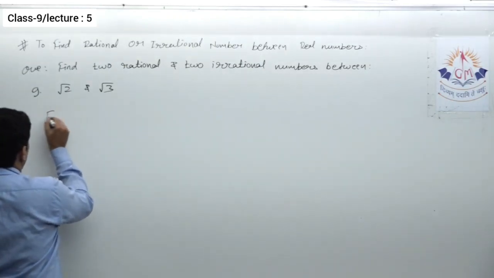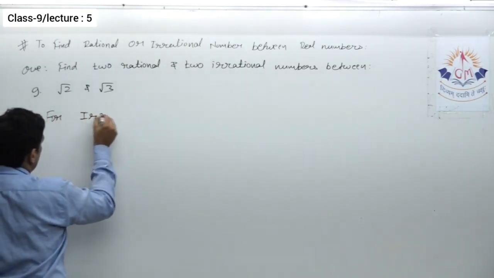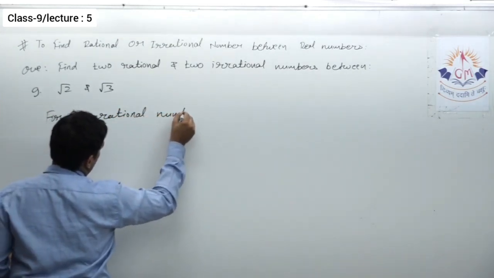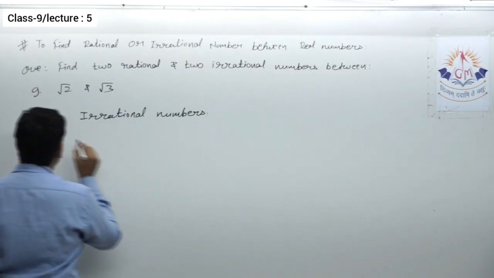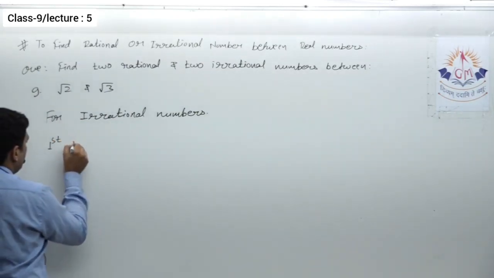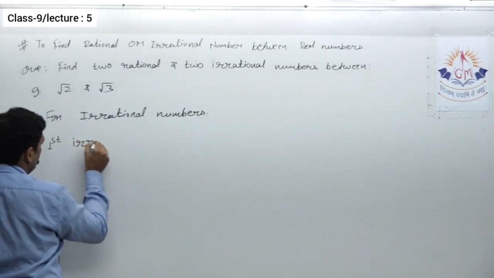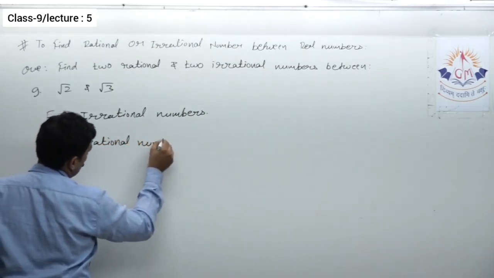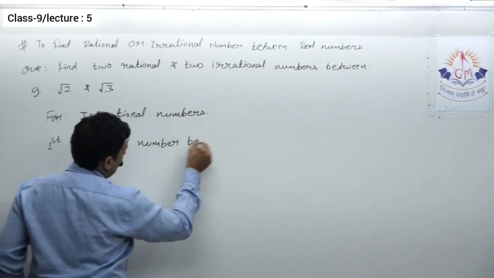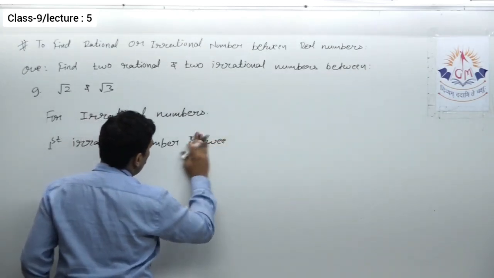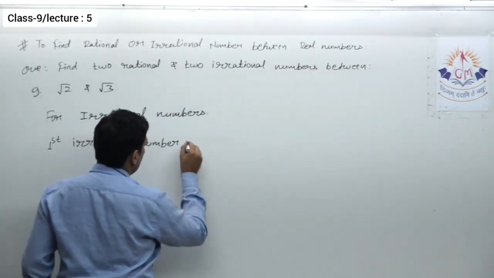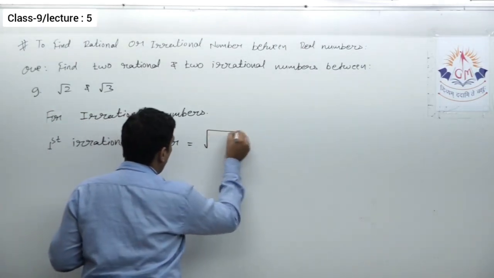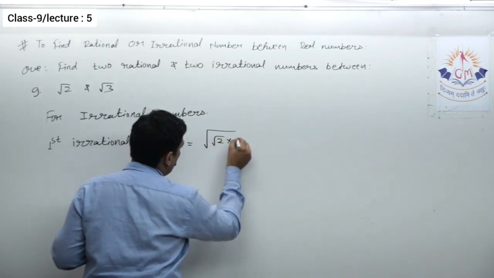So for irrational numbers, I can say the first irrational number between root 2 and root 3 will be square root of root 2 into root 3.